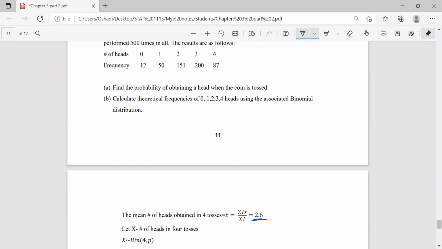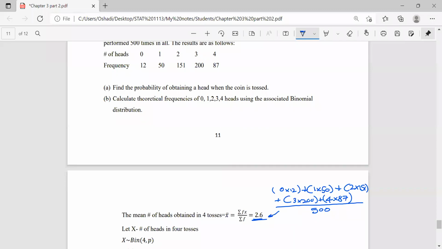We are just taking here 0 into 12 plus 1 into 50 plus 2 into 151 plus 3 into 200 plus 4 into 87, divided by summation of f, which is 500. So we end up with the answer 2.6.